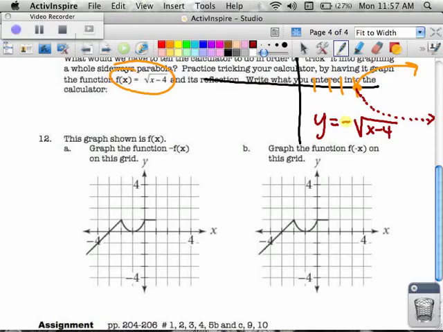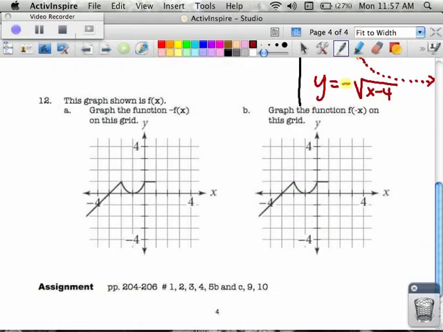Down below in numbers 12a and b, what they want you to do is to graph the reflections. And so in the very first one, what you'll notice is that they're talking about graphing the reflection where you have the negative sign in front of the f of x, which means that you're reflecting it over the x-axis.